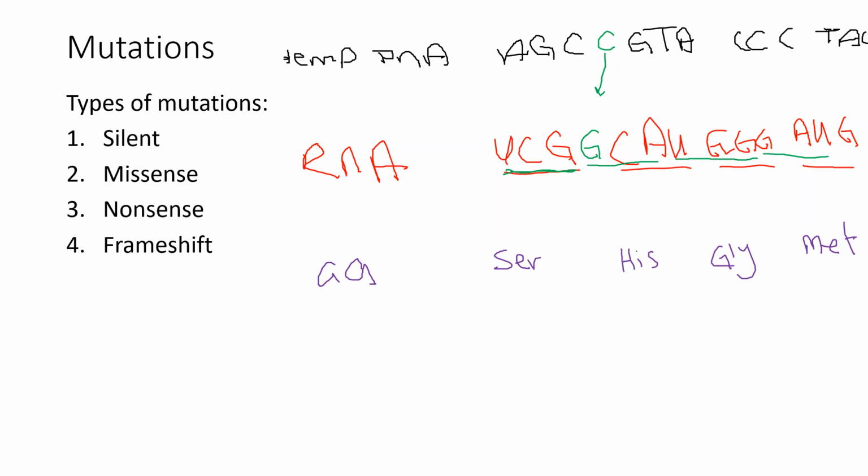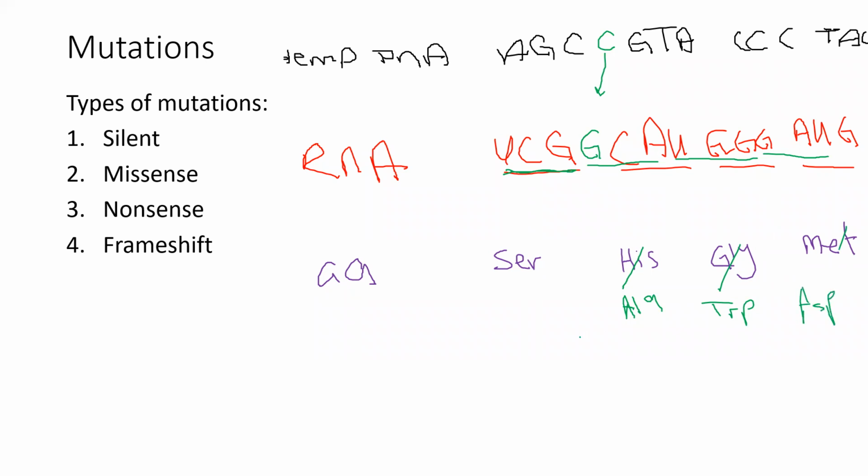Now when we think about translation, where we're making our protein, UCG still gives us serine, so that's good. But our second codon is GCA, which gives us alanine, so that's different. Next up is UGG, which gives us tryptophan, and then GAU gives us aspartate.